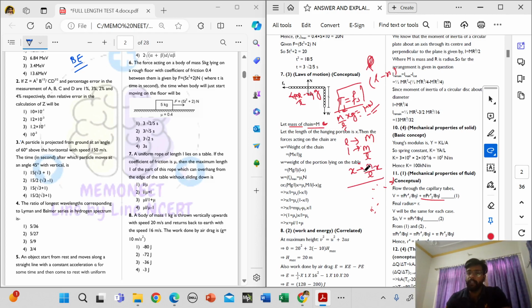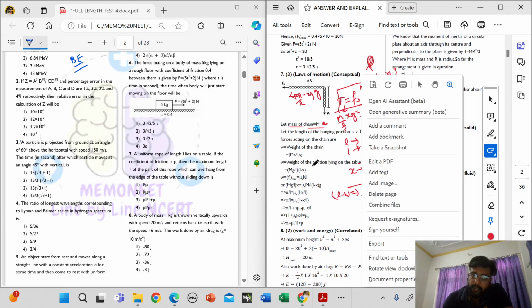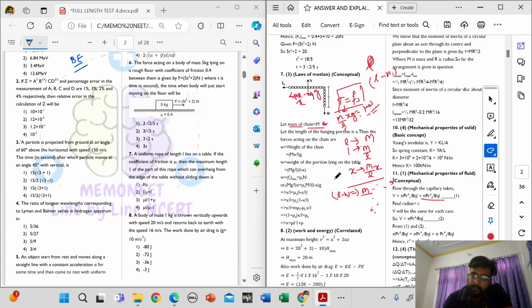Hope you are getting this point. This is a very conceptual problem. Similarly, for L minus x, the mass is m upon L into L minus x. We will use these later.